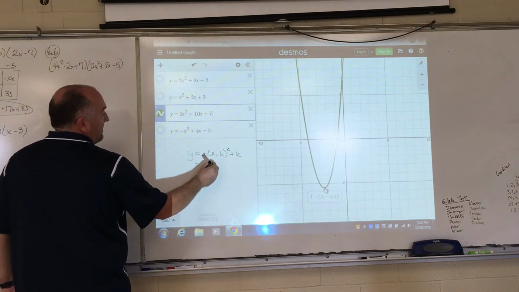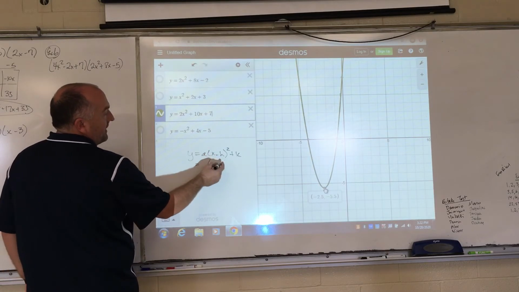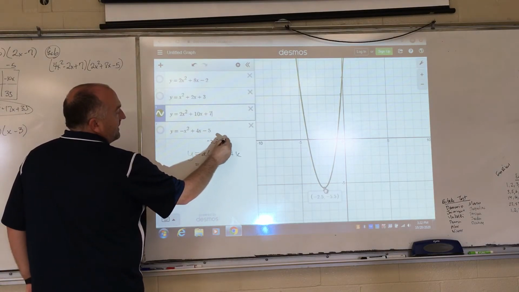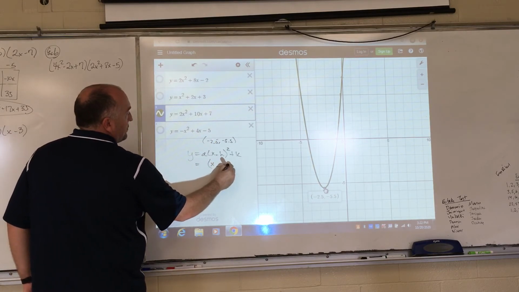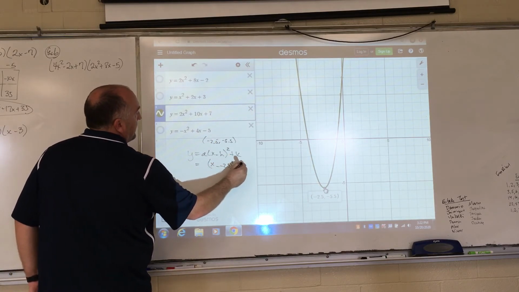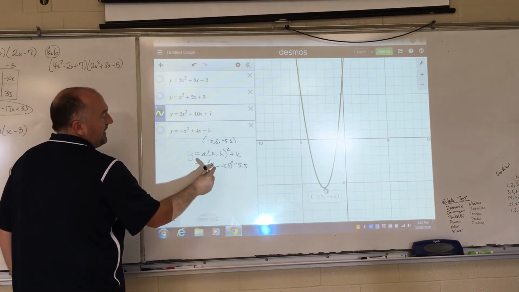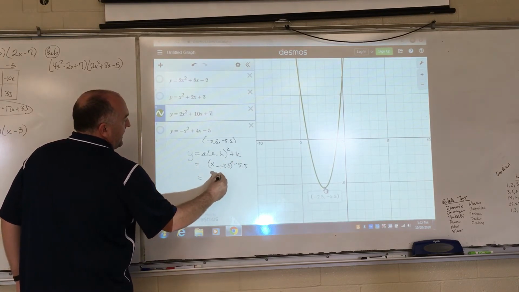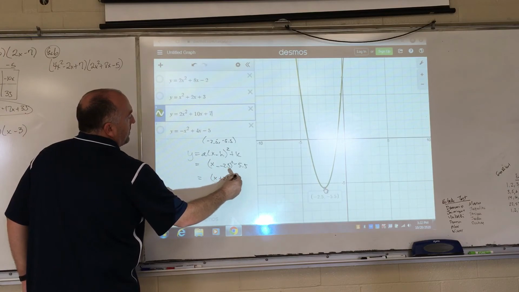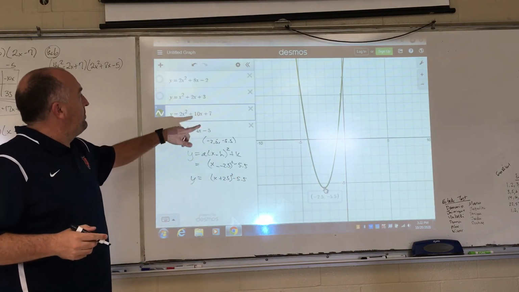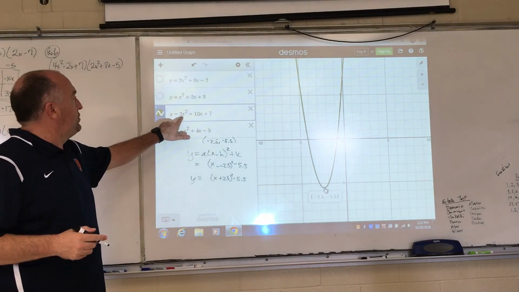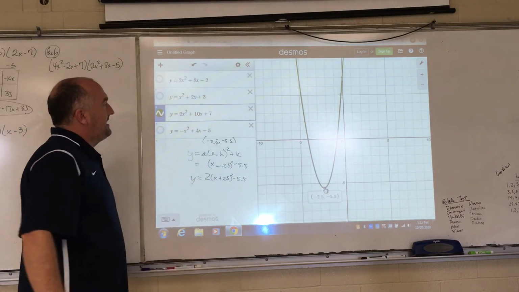We're going to have x minus, my vertex was -2.5 and -5.5. So I write minus, then that was a -2.5 squared minus 5.5. Well, two negatives make a positive. So I got x plus 2.5 squared minus 5.5. And again, back to my problem, my a was a 2 because there's a 2 here, and that's my answer.